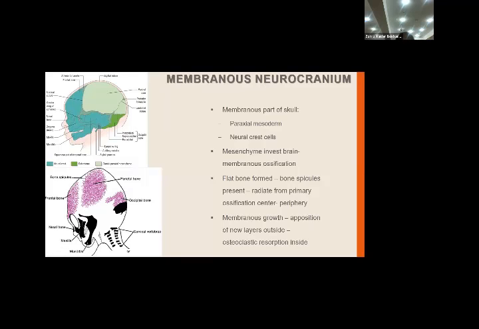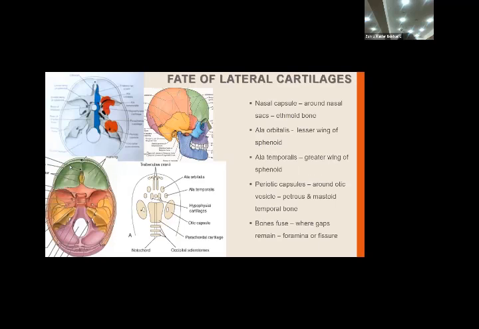Okay. So now let's discuss. So far we have discussed the base of the skull, the part of the skull on which the brain is resting. The brain is lying on top of it. So this part of the skull has to bear weight.